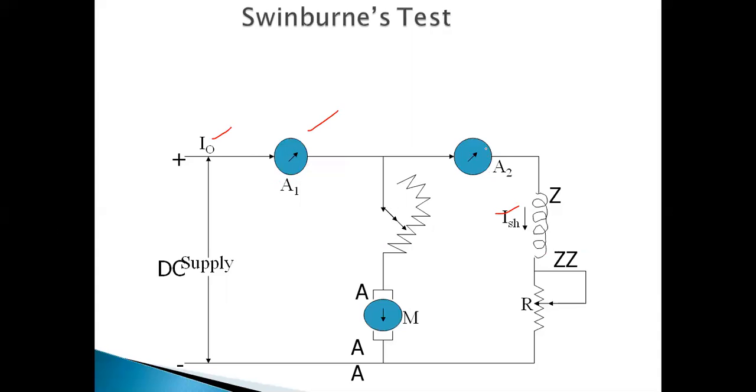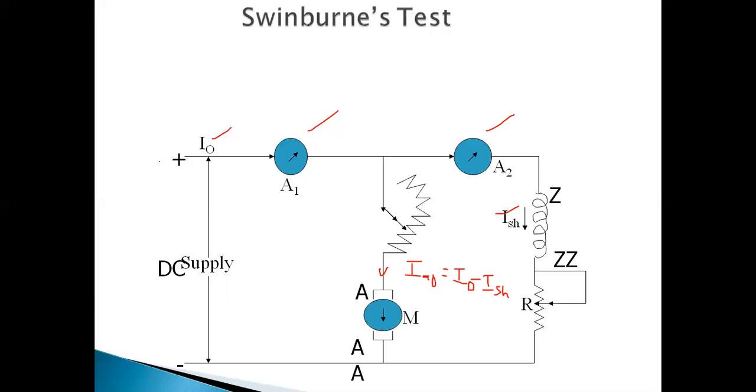It can be measured by ammeter A2. Then the no load armature current IA naught is equal to I naught minus ISH.